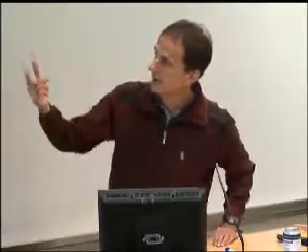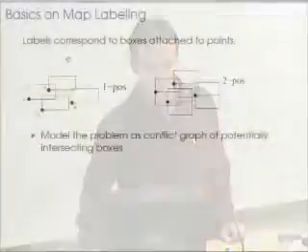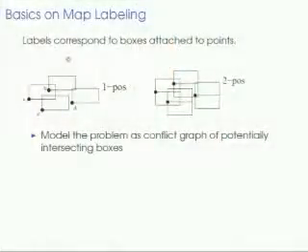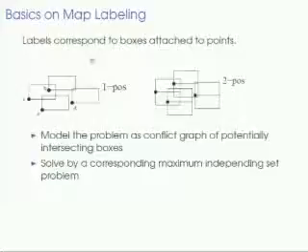What you see is that the labels of A and B would overlap, so you can only place one of them. And you model this by a conflict graph. You have the vertices A, B, C, D, and two vertices are connected if their labels are in conflict, that is, they overlap. Then you solve a maximum independent set problem.